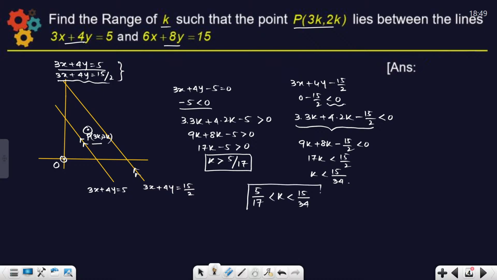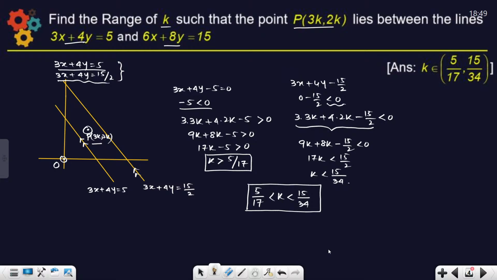Is it clear to all? Absolutely. Let me reveal the answer. Okay. So this is how we find out the range of k. Here, since one point is given to us, I have simply used the origin to find out which side the point P lies on.